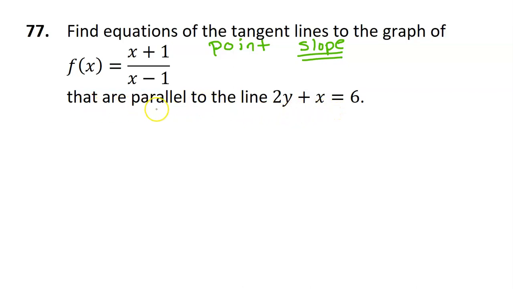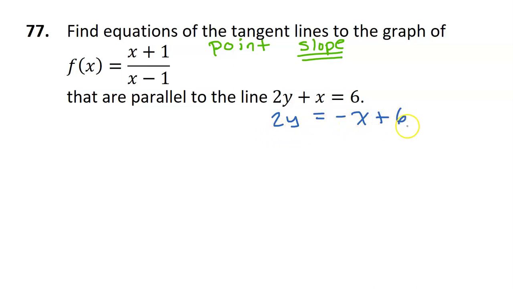We need lines that are parallel to this given line. So what's the slope of this line? Let's rewrite this in the y equals mx plus b form. So subtracting x from both sides, we have 2y is equal to negative x plus 6.